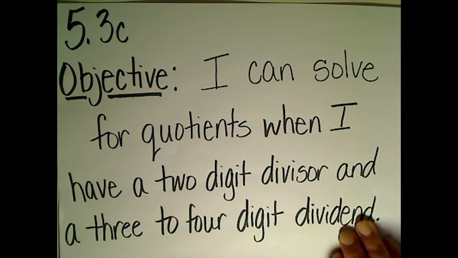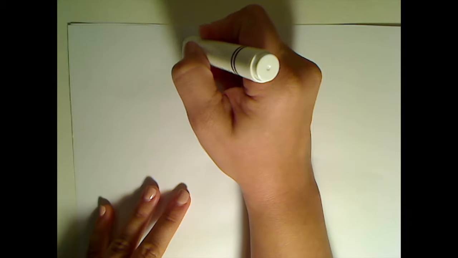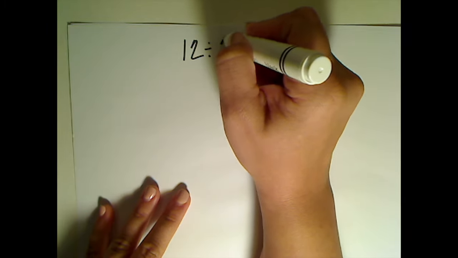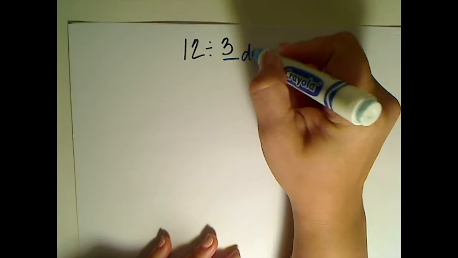So again, we always start off small, so let's start off with what was in our modeling segment. 12 divided by 3. Remember, and we're always going to say this, this is our divisor.